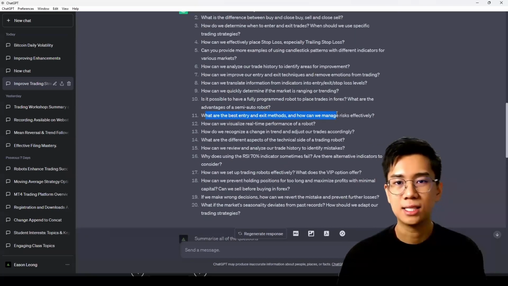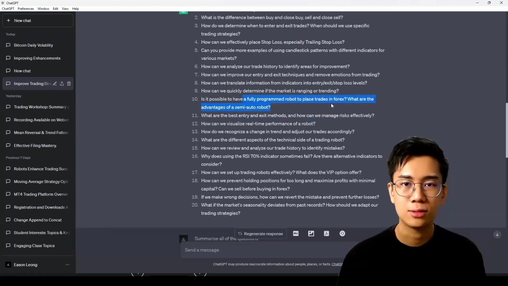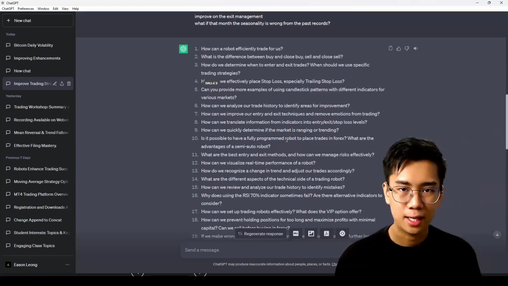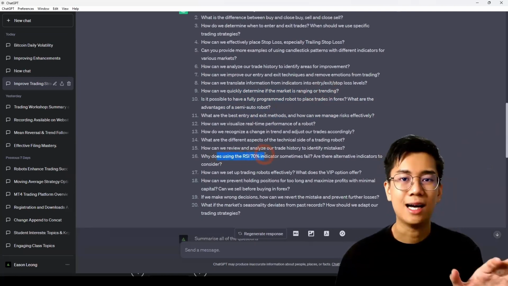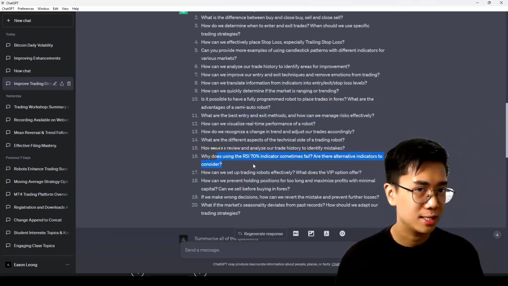How can we manage the risk effectively? Is there a possible way to program the robots to trade Forex? What is the advantage of semi-auto? Can you quickly determine the market is ranging or trending? And also, why does the RSI 70% indicator sometimes fail? Are there alternative indicators to consider?